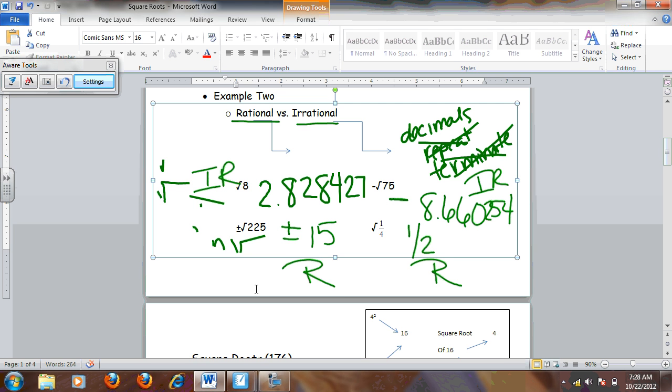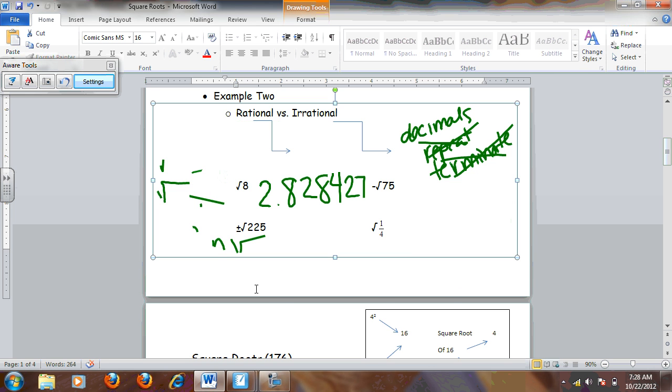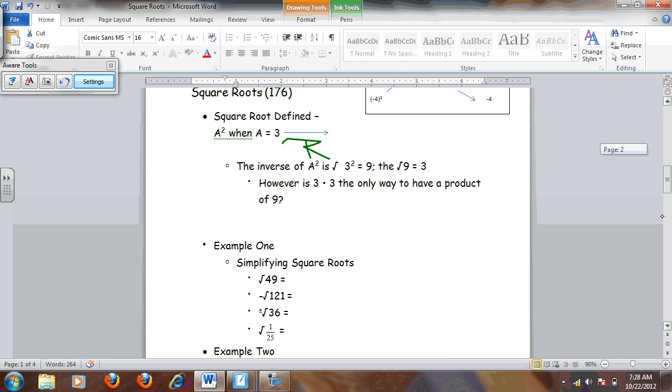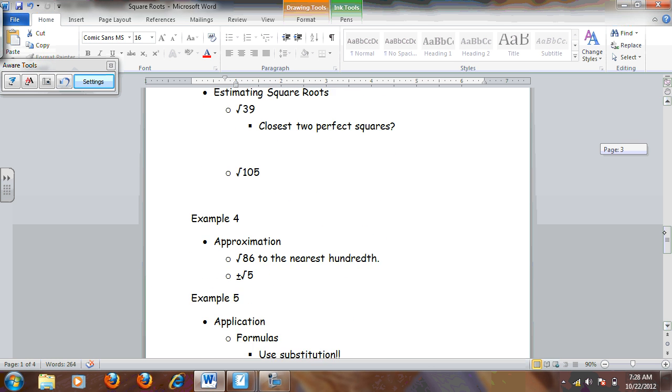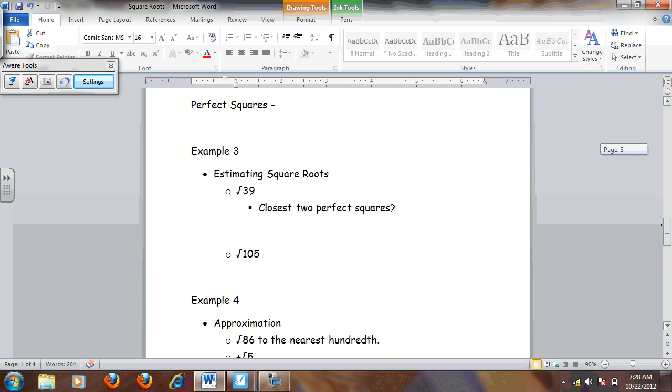Let's move on to a couple more here. Let's talk about perfect squares for a minute. It's at the middle of page 177. Perfect squares.